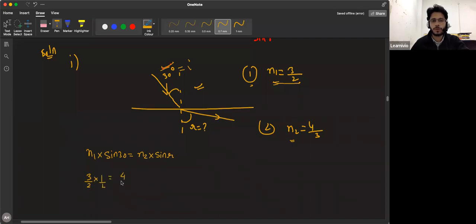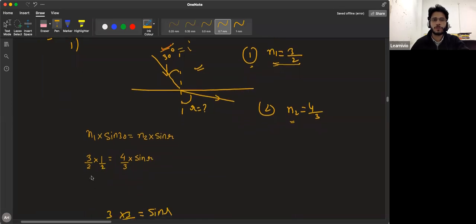It's 4 by 3 multiplied by sine R. So you have 3 by 4 is equal to 4 by 3 into sine R. So you can say that sine R, if you cross multiply them, is 3 by 4 into 3 by 4, so sine R is 9 by 16.